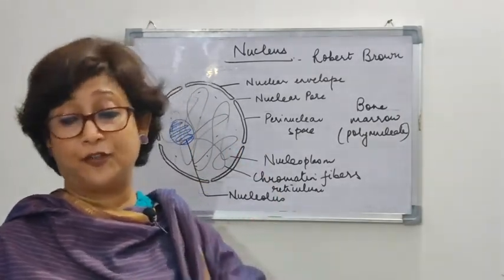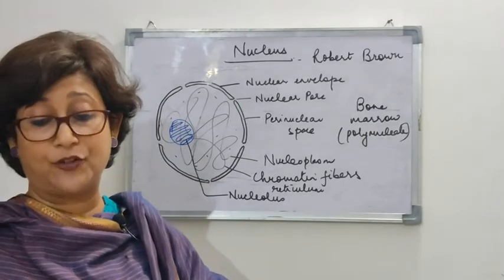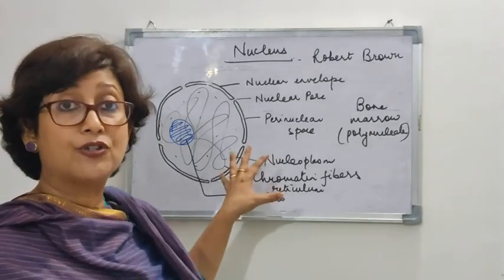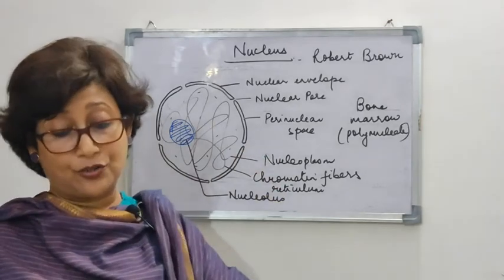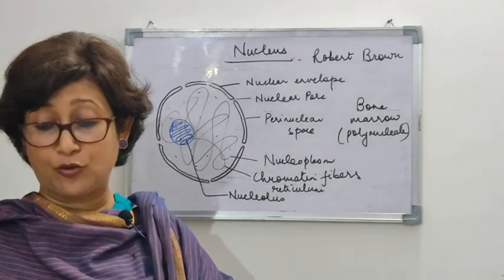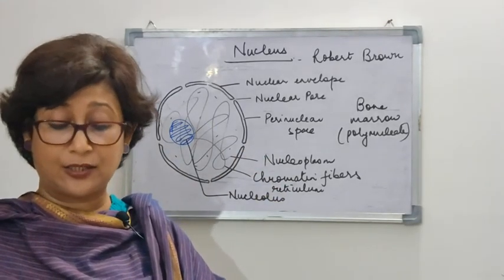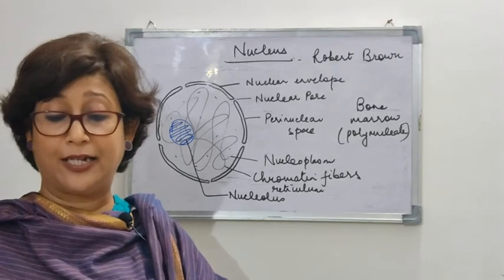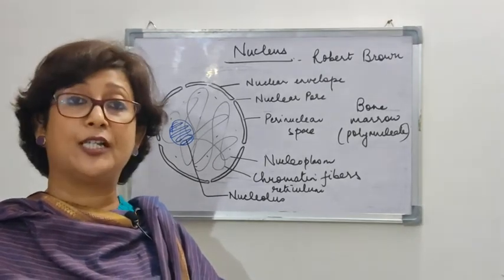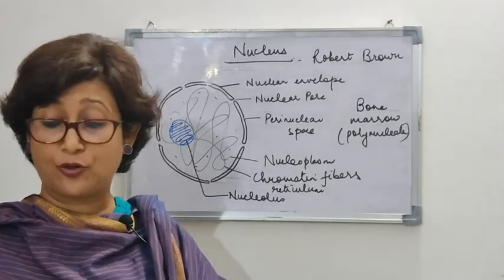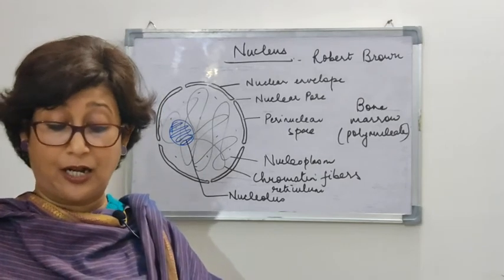But during the different stages of the cell division, the cells show structured chromosomes, right? As I told you, chromatin contains DNA, and some proteins known as histone proteins are also associated around the DNA.